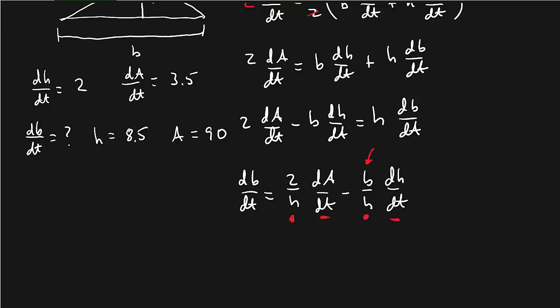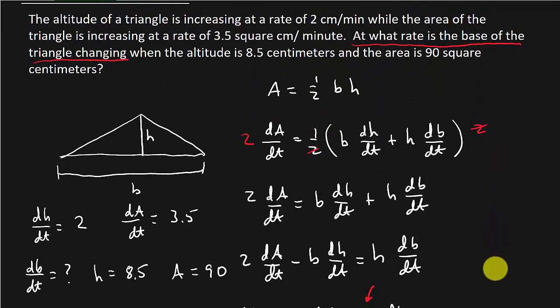It says at what rate is the base of the triangle changing when the altitude is 8.5 and the area is 90. So when H is 8.5, the area is 90, so what does B need to be?